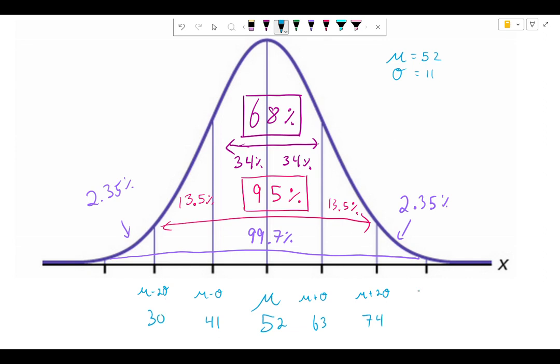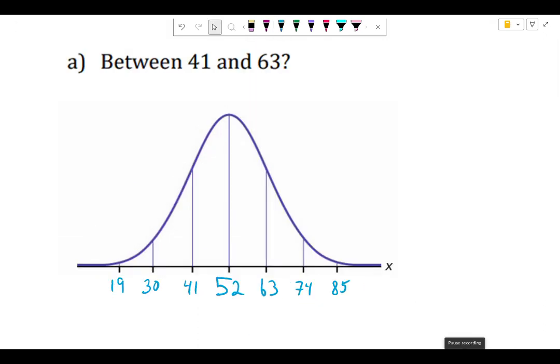Adding three standard deviations to the mean gives us 85, and subtracting three standard deviations gives us 19. So we can use this picture and these values for all of the questions in this example. Here's a nice clean picture.